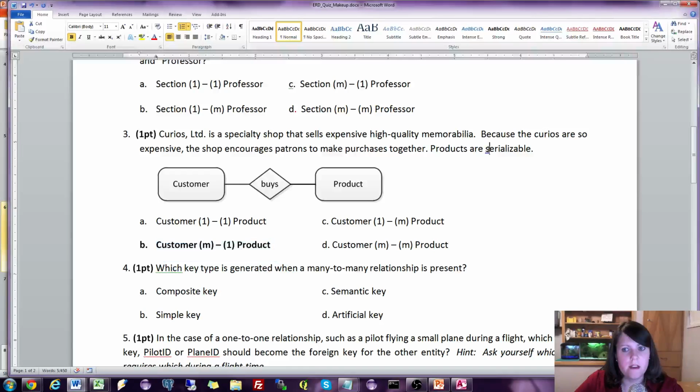Because I said products are serializable, each customer can only have the one product, so we have many to one. Now, if I were to say it was non-serializable, that changes things. If it's non-serializable, like the fruit or food example, then a single customer can purchase multiple of those. So we go with many to many on this one.